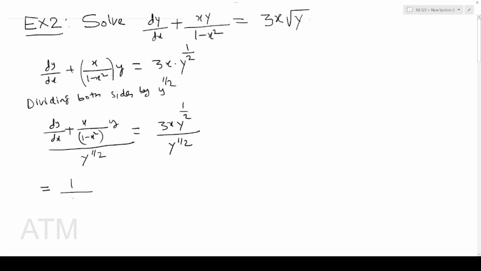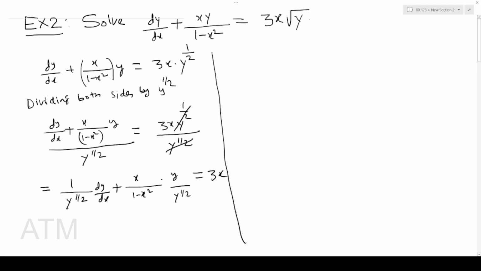This can be written as 1 upon y raised to 1 upon 2 dy by dx plus x upon 1 minus x square into y upon y raised to 1 by 2. On the RHS they get cancelled, equals 3x.